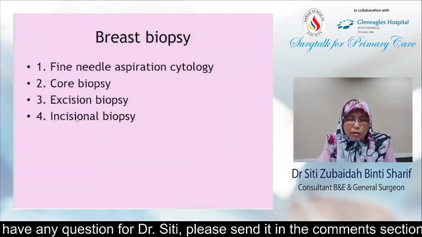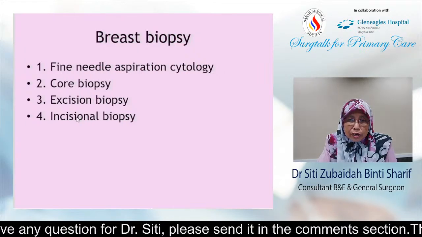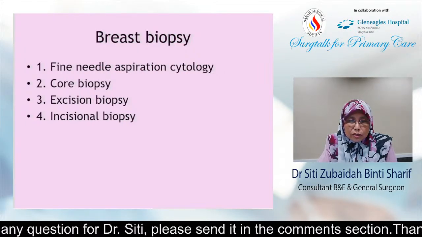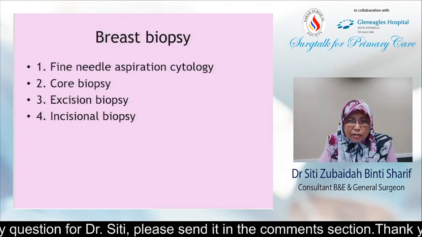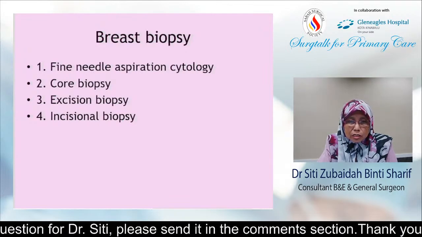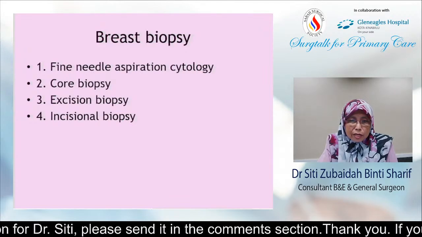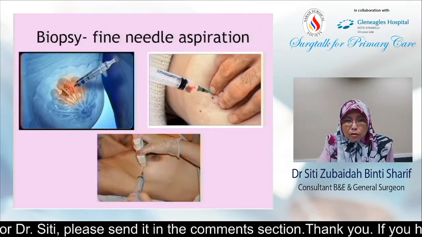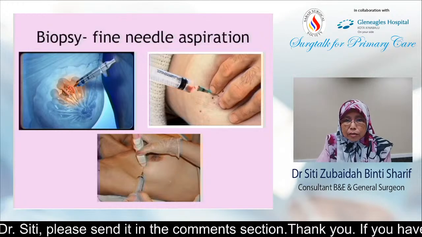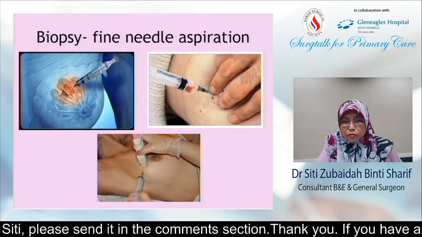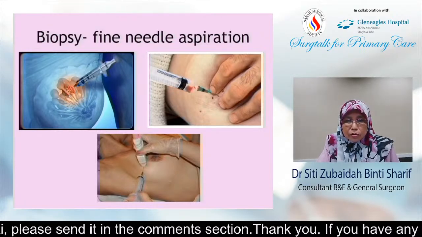The third assessment is biopsy. There are a few types of biopsy: fine needle aspiration cytology, core biopsy, excision biopsy, and incisional biopsy. Fine needle biopsy we can do for cases like fibroadenoma.